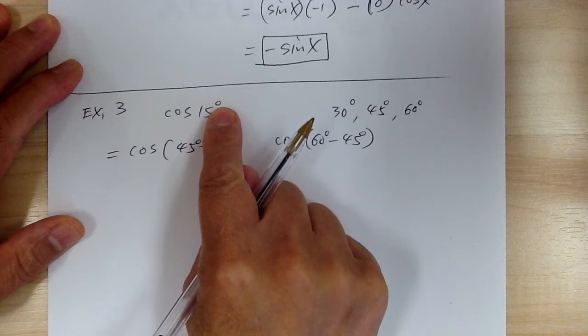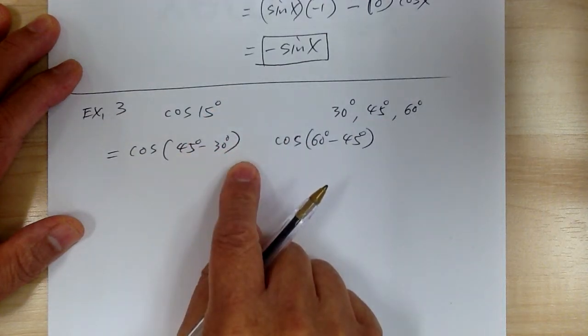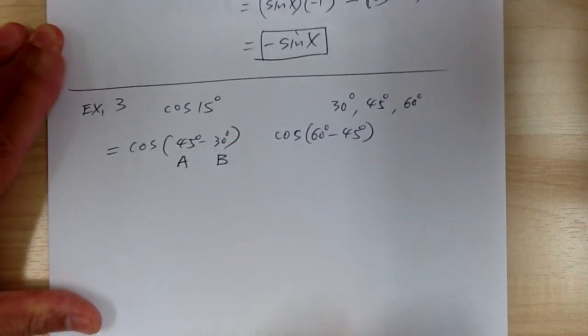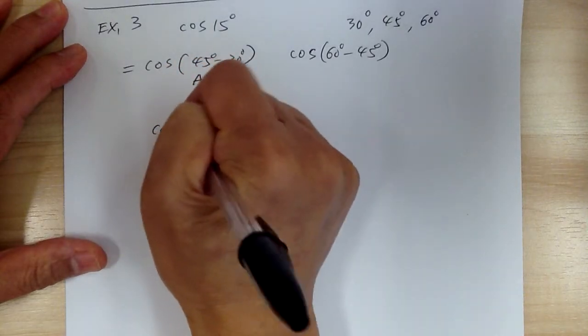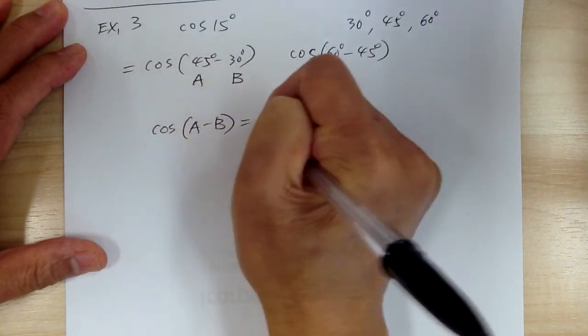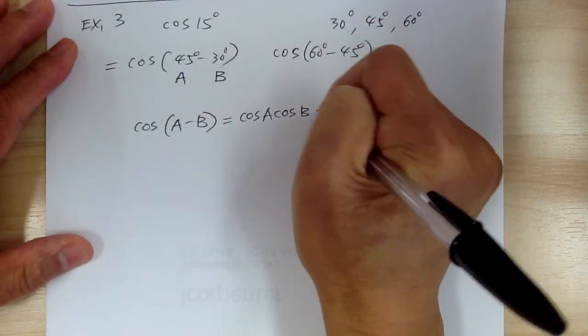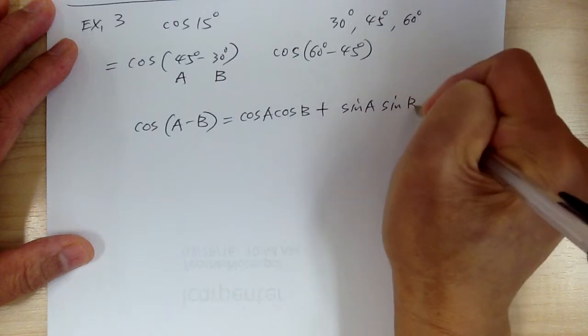So again, you want to make the angle into 2 angles that you're familiar with. So that is your A, that's your B. So again, write down your formula. So cosine of A minus B equal to cosine A cosine B plus sine A sine B.